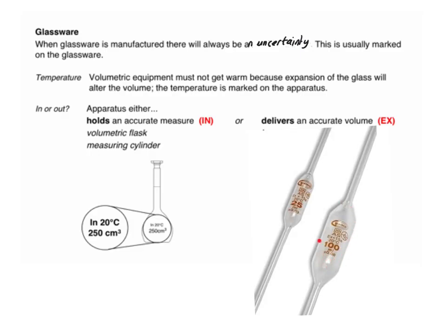So larger glassware tends to have a higher uncertainty. This grade A pipette here, which would deliver 25 centimetres cubed at 20 degrees Celsius, has an uncertainty of plus or minus 0.03. So it depends on the pipette that you used in your experiment.